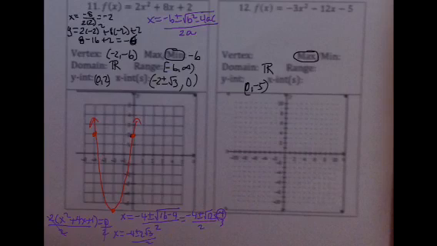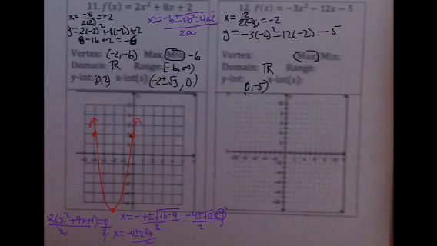Okay, the vertex: x equals negative b, so that's positive 12, over 2 times a, that's 2 times negative 3, so that's negative 6. So then the x value, 12 divided by negative 6, is negative 2. And so for y, we have negative 3 times negative 2 squared minus 12 times negative 2 minus 5.